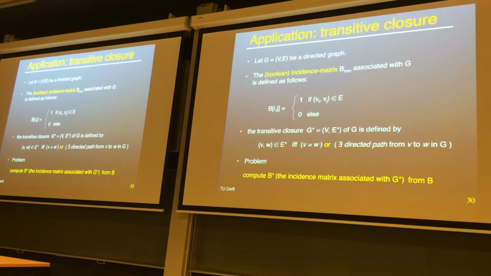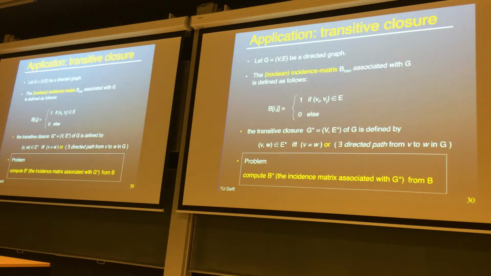And now the problem is how to compute G star as fast as possible. And as fast as possible turns out to be via the incidence representation. So I would like to find an algorithm for computing B star very fast. If I have found B star, then of course I can find G star immediately.